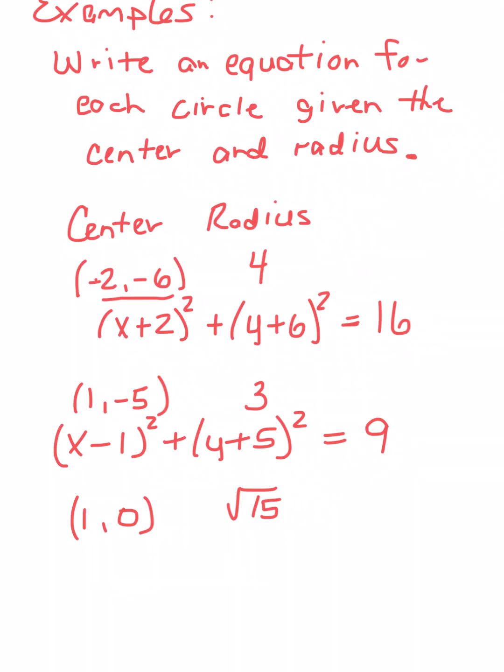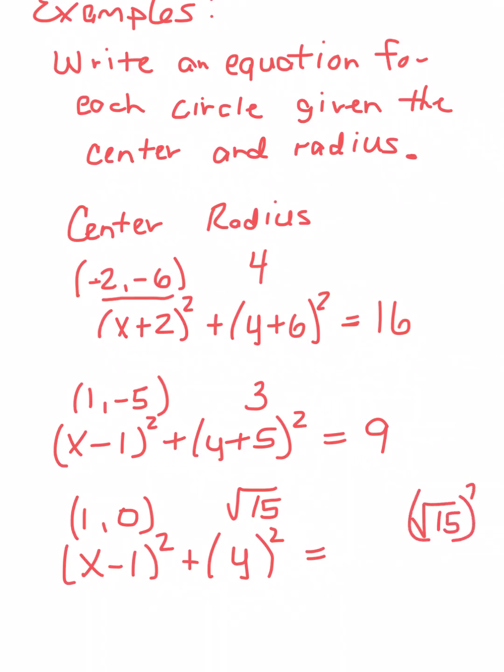Next example, center of 1, 0, so I'm going to have x minus 1 squared plus y minus 0 squared, which is just y squared. And then, what is the square root of 15 squared? When you square a square root, they undo each other, so that would just be 15.